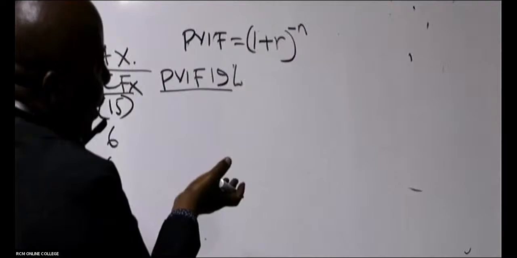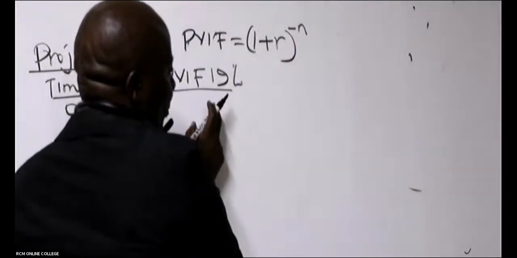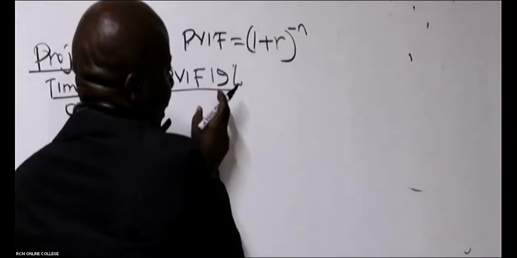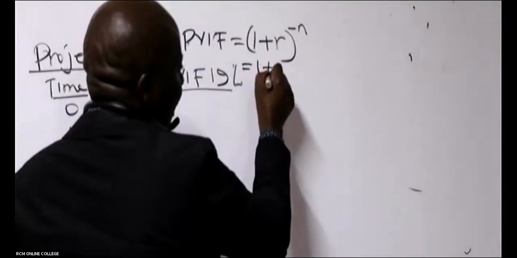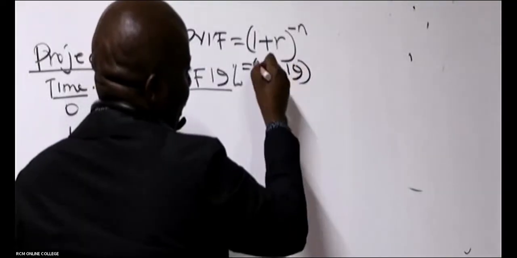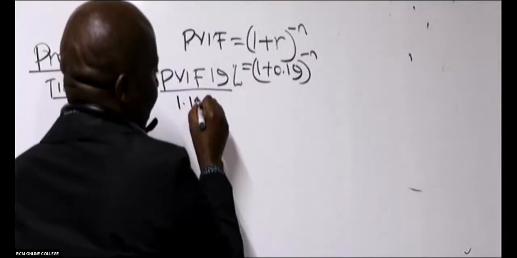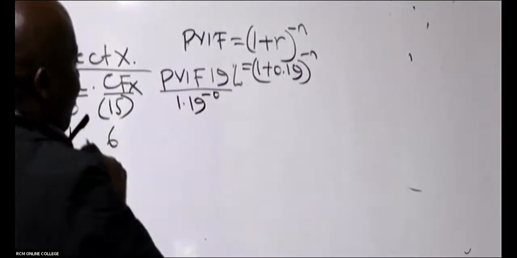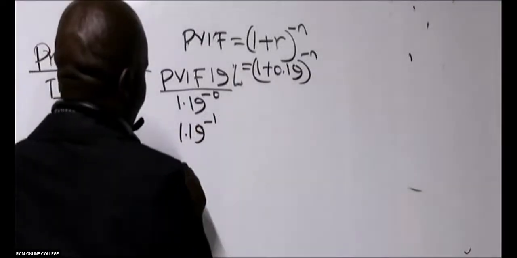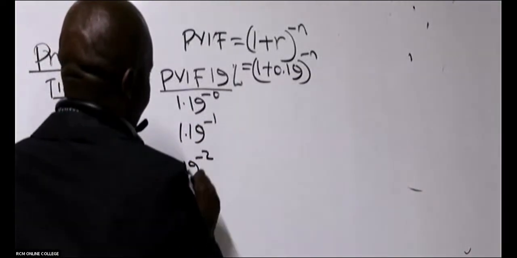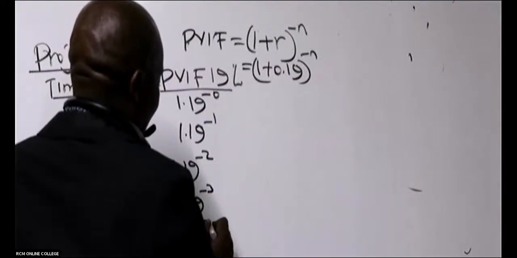Because I don't have 19%, I have to compute the factors. R is the cost of capital, 19% for X. So this will be 1 plus 0.19 raised to negative N: 1.19 raised to negative 0, negative 1, negative 2, negative 3, negative 4.